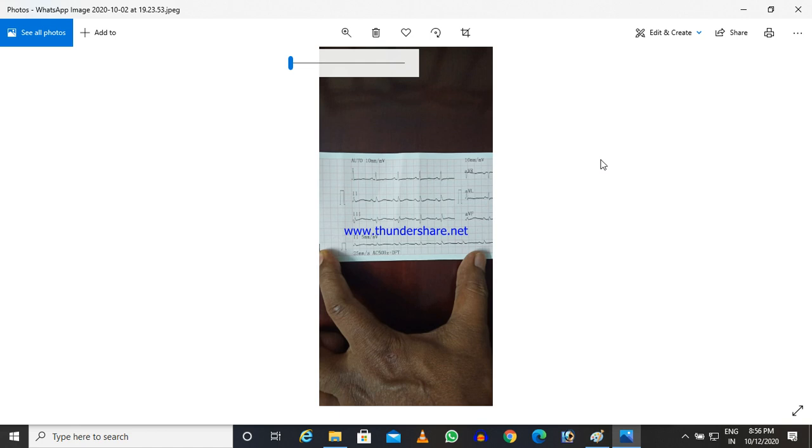So at that time, one regulatory protein of heart muscle, which is called troponin, there is troponin T and troponin I, will be released. Normally it is not present in circulation, but when this kind of ischemic heart disease or infarction takes place, the tissue will start to die. At that time this troponin will be released.